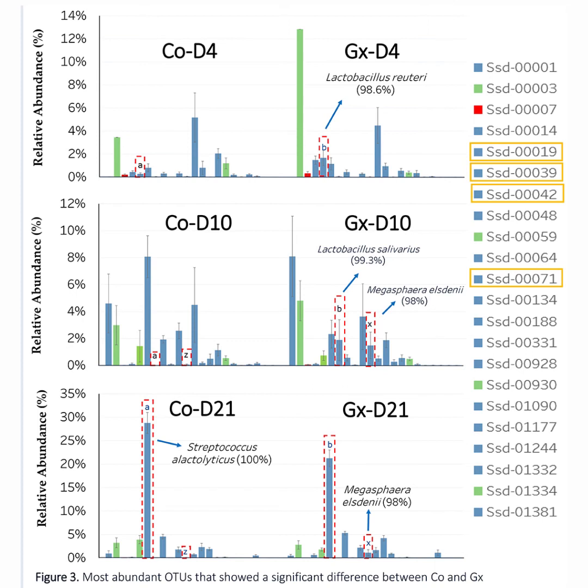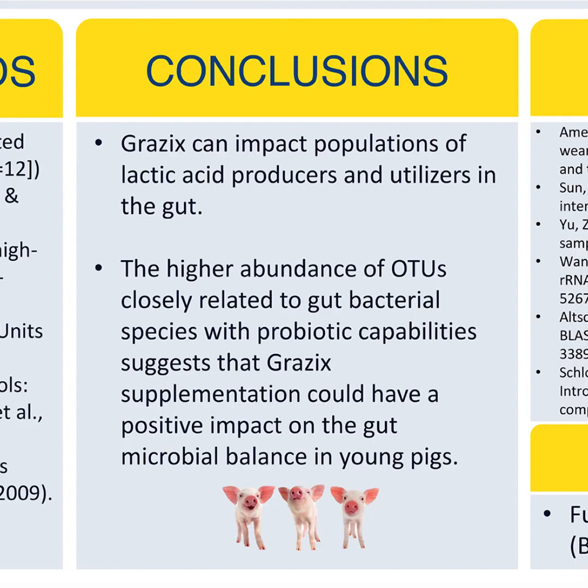And this lactate is transformed into other products such as acetate and butyrate. These two products are very important for gut health because they help to regenerate the cells of the intestine wall.